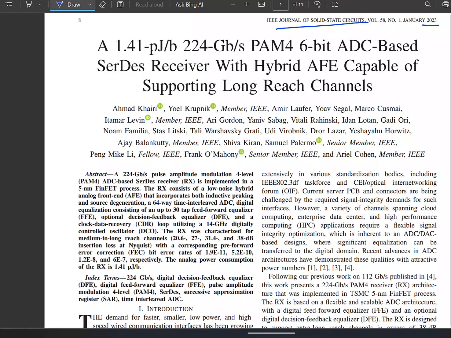This paper is not just on the ADC; it's an entire receiver in this serial link, and it's an ADC-based receiver, because the ADC is the final block that makes a decision on whether the transmitted bit is 0 or 1. And you can see the speed, 224 gigabits per second. They have done this by having a 64-way time-interleaved ADC, and they have this PAM4.